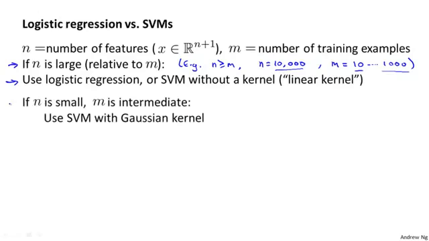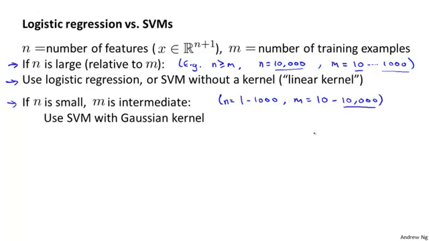Now, if n is small and m is intermediate, so what I mean by this is, if n is maybe anywhere from 1 to 1,000, 1 would be very small, but maybe up to 1,000 features, and the number of training examples is maybe anywhere from 10 to maybe up to 10,000 examples, maybe up to 50,000 examples. So if m is pretty big, like maybe 10,000, but not a million, right?